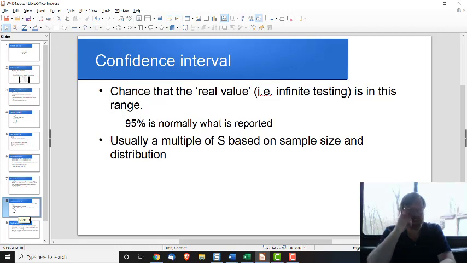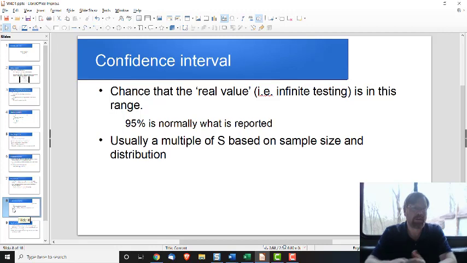And usually it's a multiple of the standard deviation based on the sample size and distribution. I'm sure there are some nice handy web calculators for that anymore. Back in the day, there'd be a table.